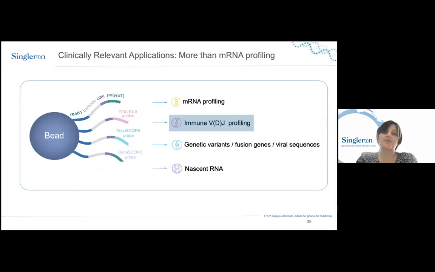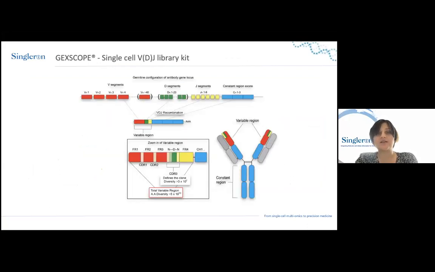So the next group of products that we offer is called immune VDJ profiling. VDJ sequences are important for those of you who work with immune cells. So basically the VDJ sequences define the specificity of the T cell and B cell receptors.